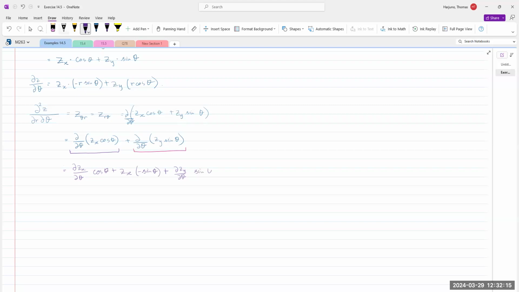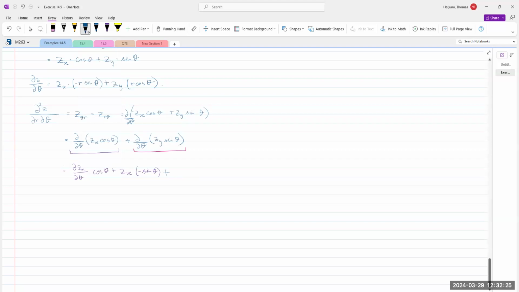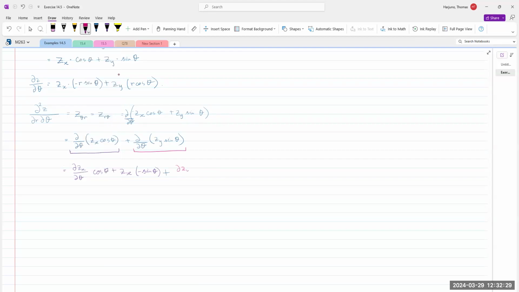Oh, sorry, I should change the color. So plus dou z sub y over dou theta sine theta plus z sub y cosine theta. This way, I hope we can keep track of the work, right?